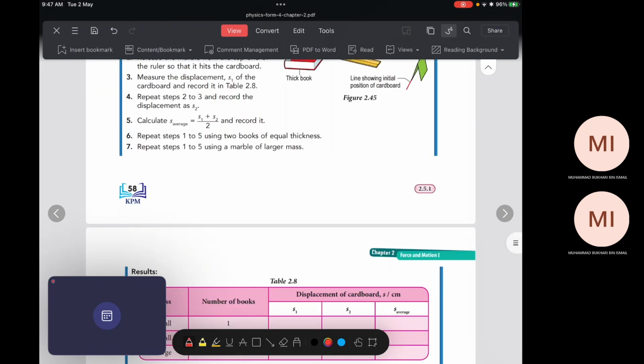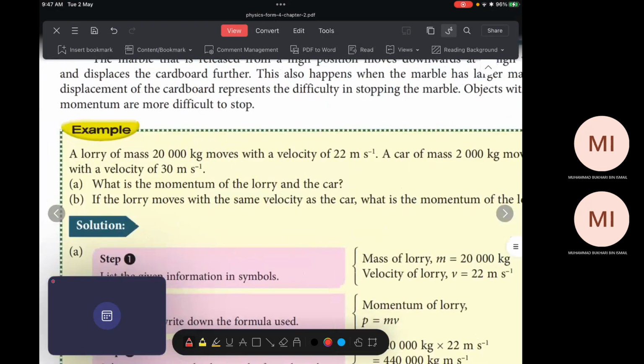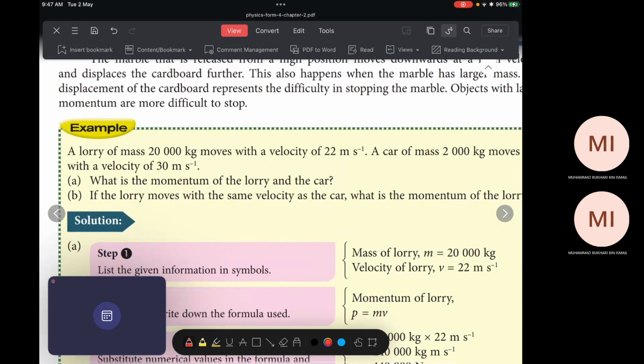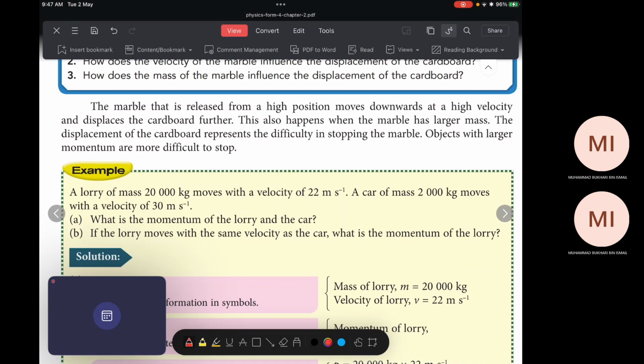Going to tengok next. Okay, now look at example. A lorry of mass 2,000 kg moves with velocity 22 meter per second. Car with mass 2,000 kg moves with a velocity of 30 meter per second. What is the momentum of lorry?